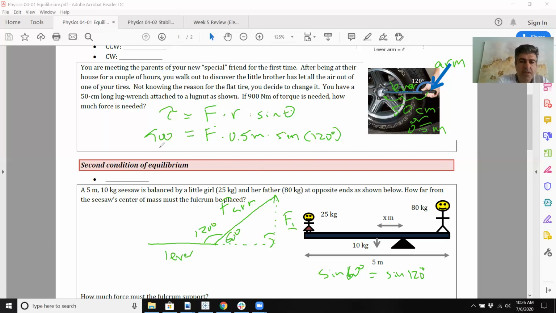So if you work it out, it's 900 equals force times 0.5, and sine of 120, I believe, is 0.867. Should get a calculator here. Yeah, 0.866 actually.